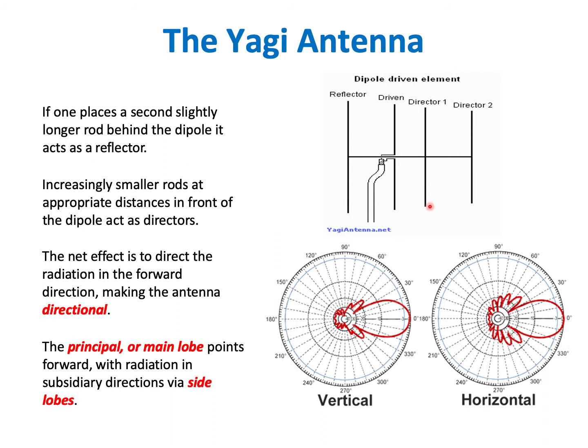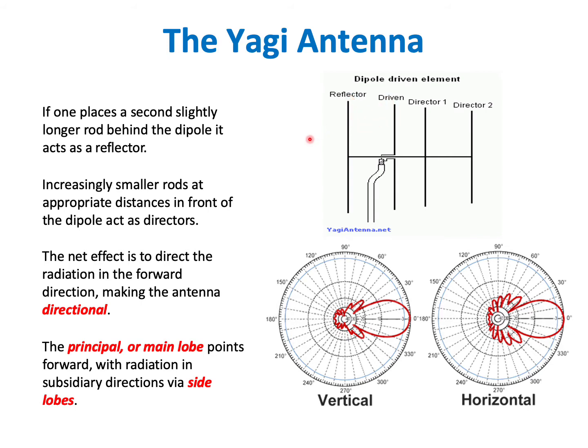These two shorter elements, they are shorter than the driven dipole, that's important. They're director elements. They direct electromagnetic radiation towards the dipole to be received. Then in the back here you have another element. This needs to be longer than your driven dipole, and this acts to reflect any electromagnetic radiation that gets past the dipole back onto it.